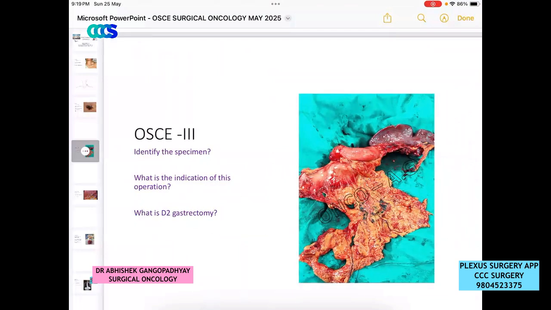So we want to know what is the current-day indication of gastrectomy along with splenectomy. Do you remove the spleen routinely in gastrectomy nowadays? No, sir. Okay. So there are a few specific indications in which you remove the spleen during gastrectomy. Can you tell me what the indications are? If the tumor is directly infiltrating the spleen, then obviously you have to remove the spleen along with the stomach.